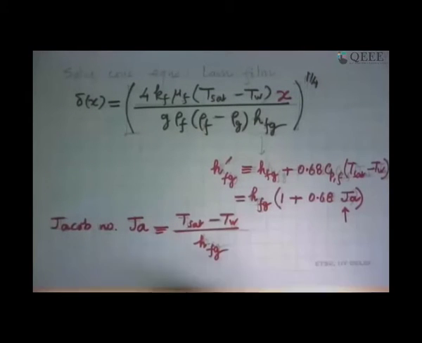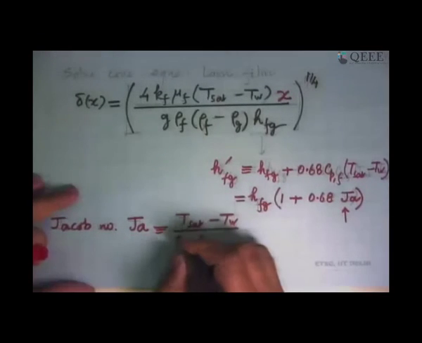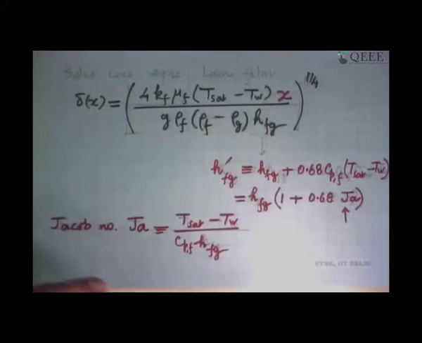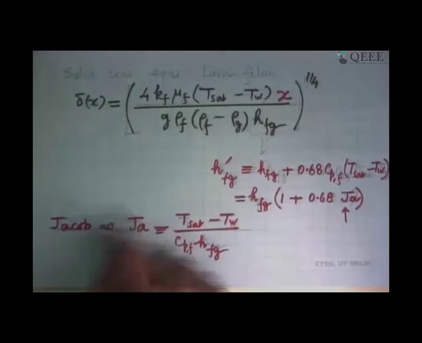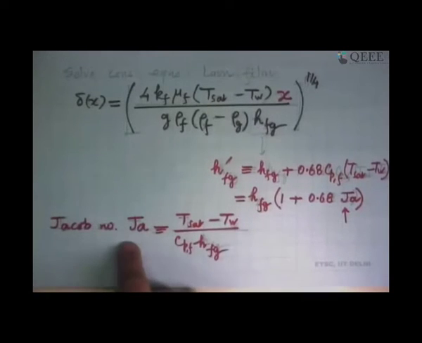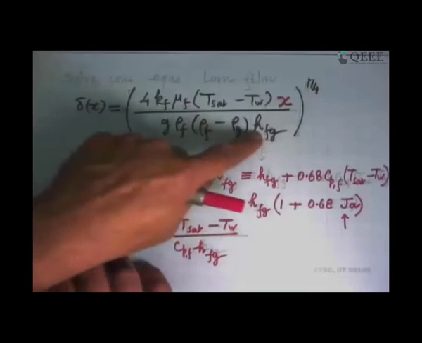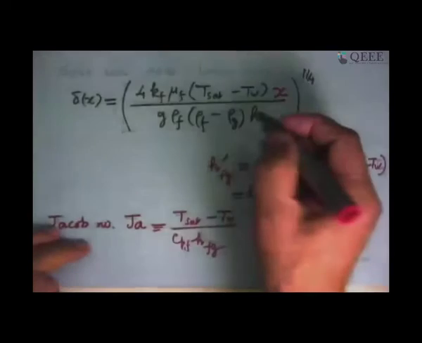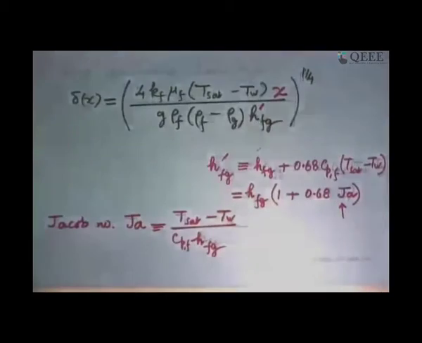Okay, so sorry, there will be a Cp also there. Cp, HFG. So this is what we have, that this is an important player in the problem. That's what we recognize. How cold do we make the wall? So Jacob number tells us something about that. And we make that correction to HFG because subcooling took place, and that is what we have put here. So finally, this expression will have HFG prime and not just HFG.